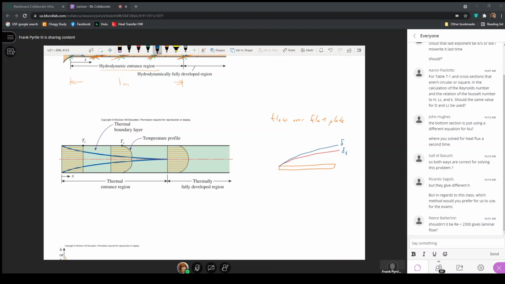But once I get to the end of the thermal entry region, the shape of this profile will not change once we get to the thermally fully developed condition. And the reason that it doesn't change is, recall this expression of the temperature as a function of position. This shape gives me a dT/dr. That shape, that's the slope of that line.